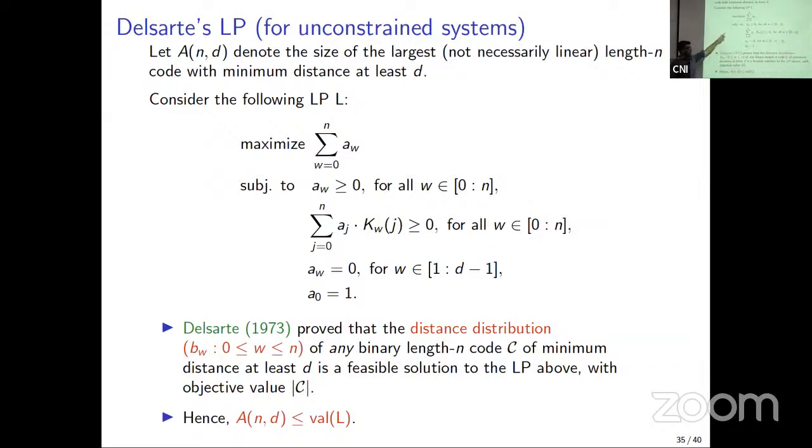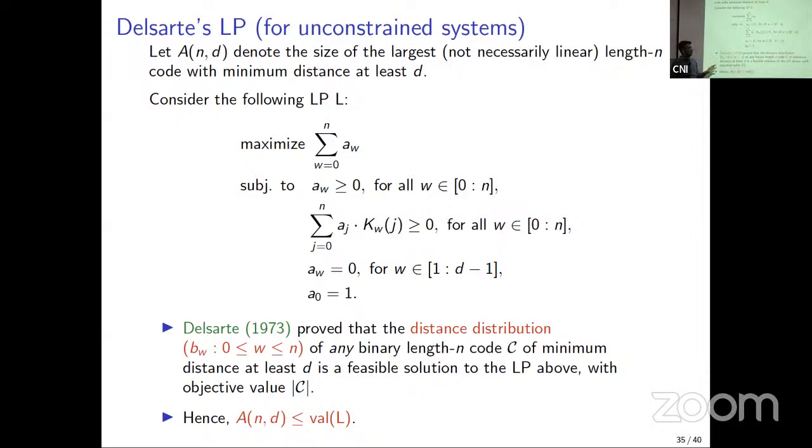In particular, this provides a feasible solution to this linear program, and hence the value of this feasible solution is a lower bound on the value of the linear program. Or in other words, the value of the linear program is an upper bound on the value of this feasible solution. What is the value of this feasible solution? It is just the size of the code.